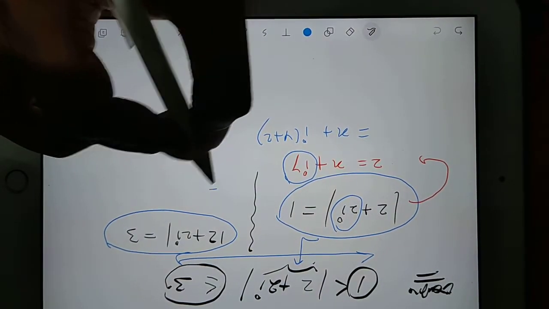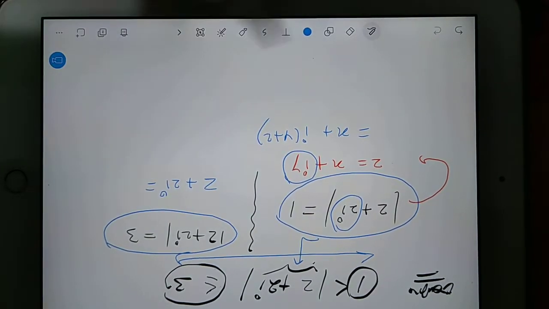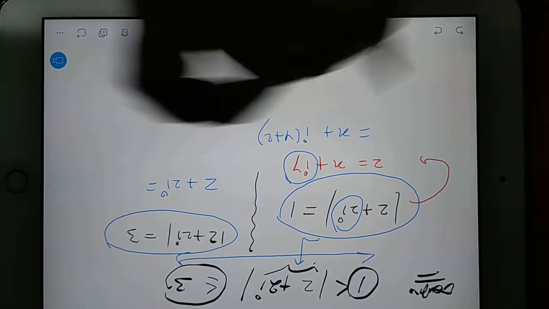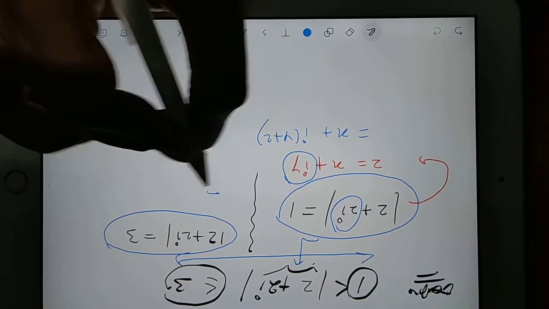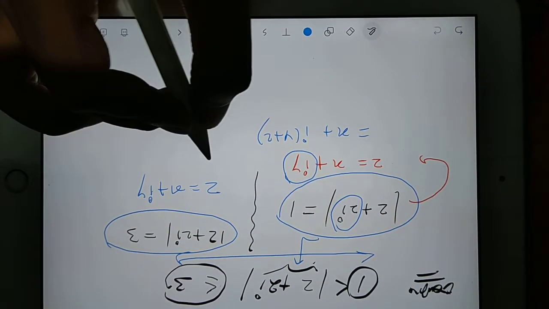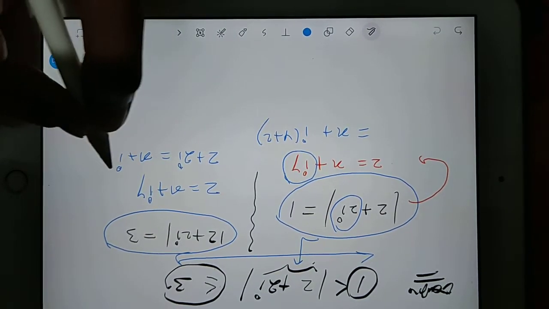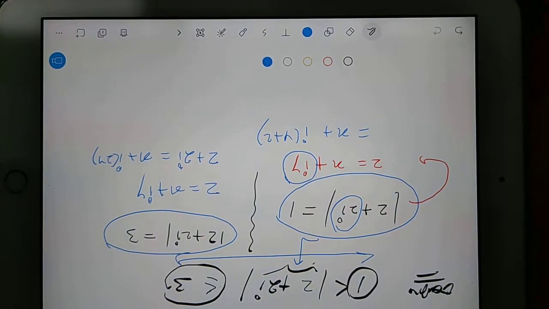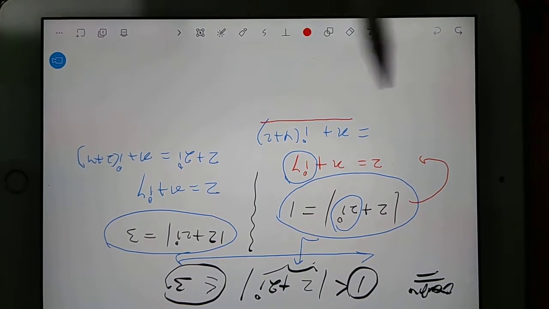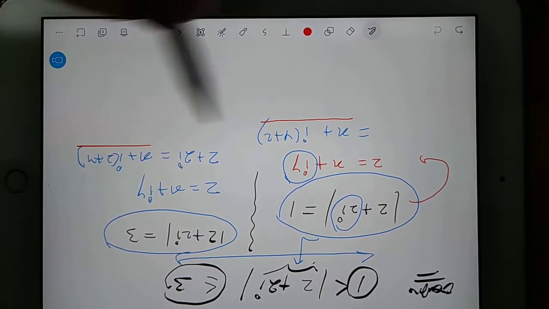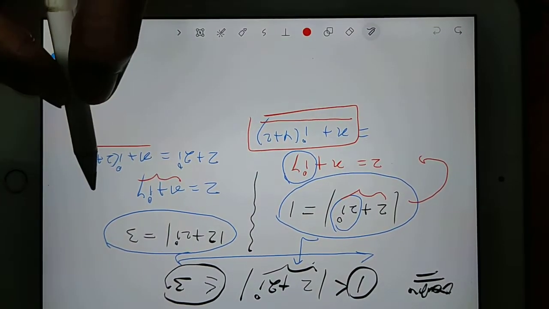Here also it is almost the same. You consider z equal to x plus iy, and then z plus 2i is nothing but x plus i times (y plus 2). Now this total number is the final answer for z plus 2i.